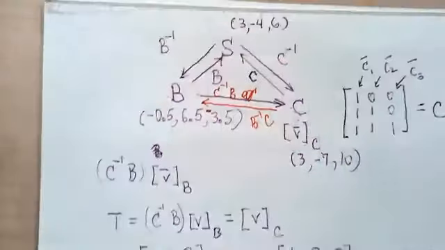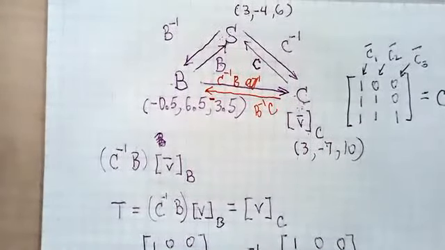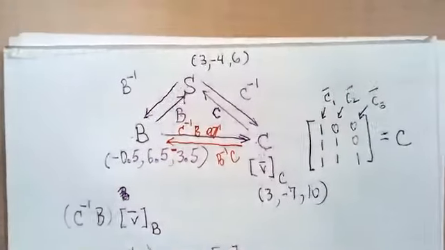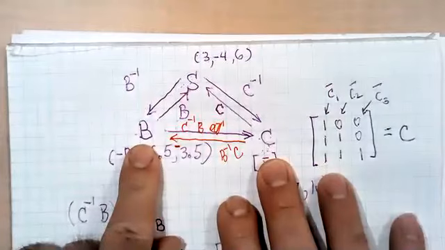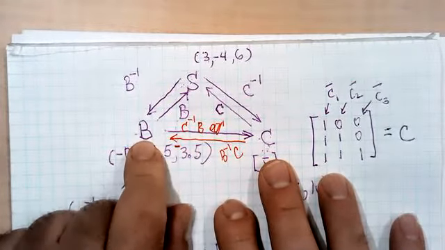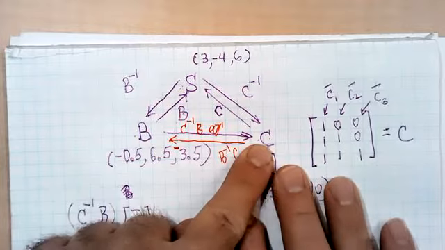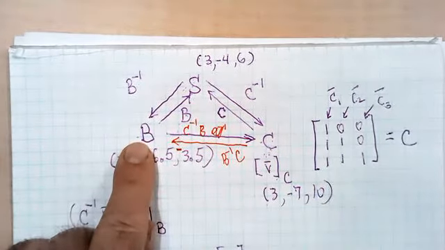The question is: is there a way to go from one non-standard basis to another non-standard basis without traveling through the standard basis? The answer is yes, but in effect, you are traveling through the standard basis. If you gave me B and C, and you said, would you please construct for me a matrix T so that left multiplication by T will get me from B to C, and left multiplication by T inverse will get me from C to B, I'd say, absolutely no problem, give me a minute.